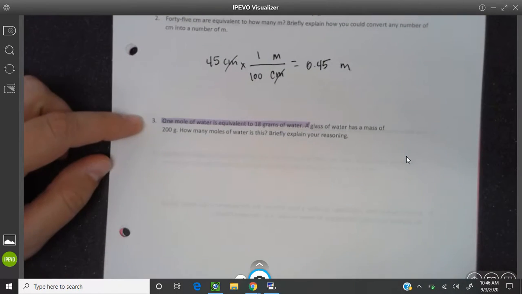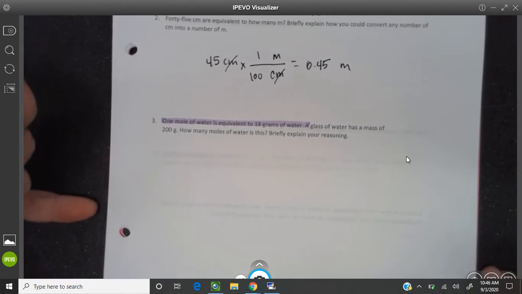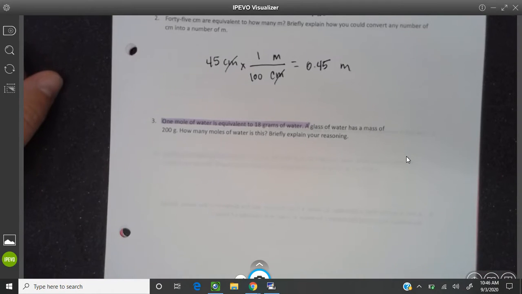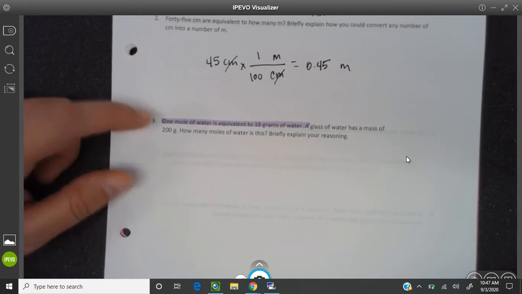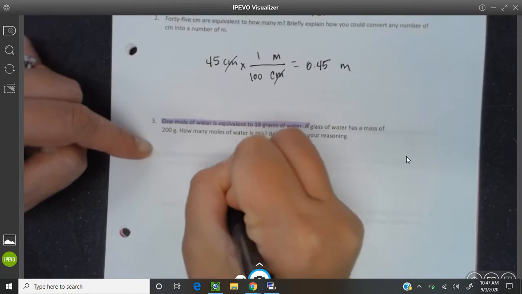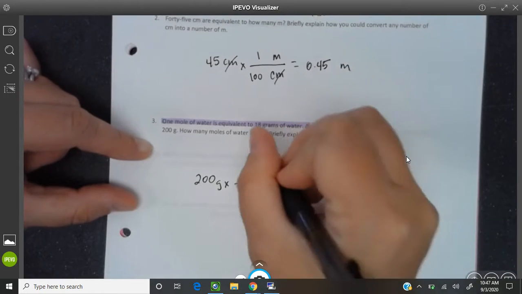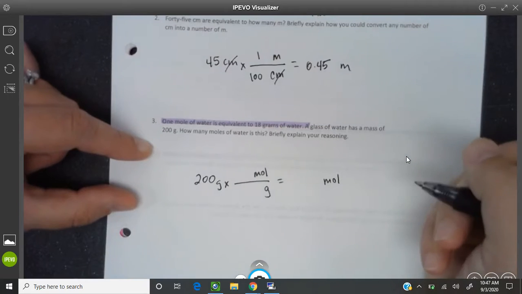All right. So number 3. This one might remind you more of chemistry from last year. 1 mole of water is equivalent to 18 grams of water. If a glass of water has a mass of 200 grams, how many moles of water is this? We're going to use the same process we used up here. We start with our 200 grams, and we're going to use our conversion, moles per gram, to figure out the number of moles.